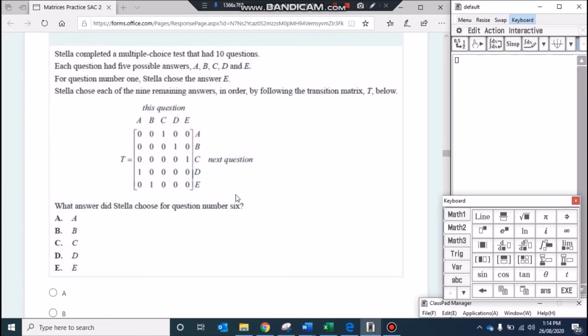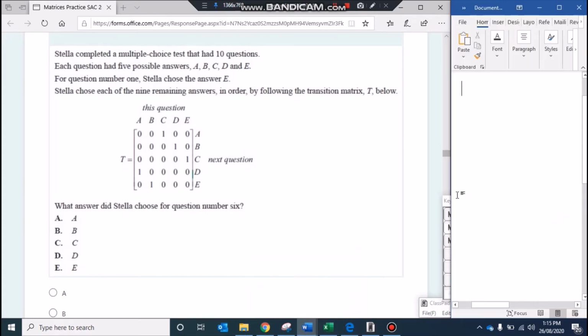So let's just go step by step. So we know she started with E. So that's question 1. So because she chose E for this question, maybe just to keep track, we'll write them down as well. So 1 was E. The next question was C. So because the next question was C, we'll look at C and move down.